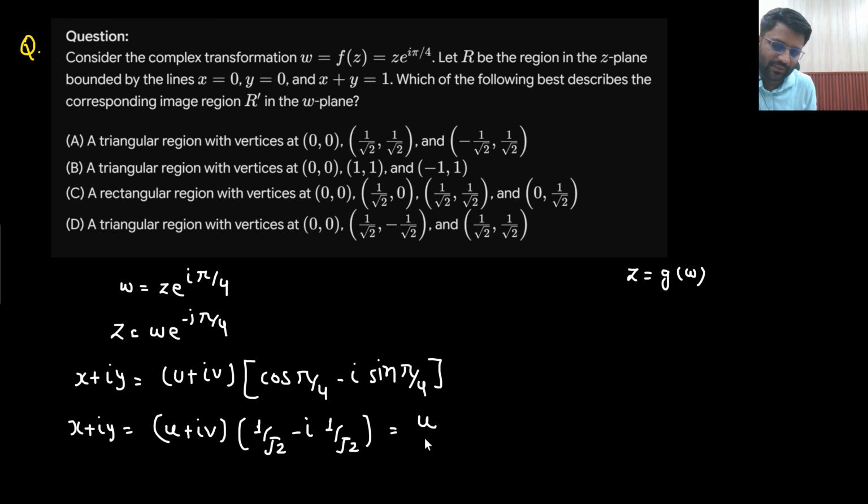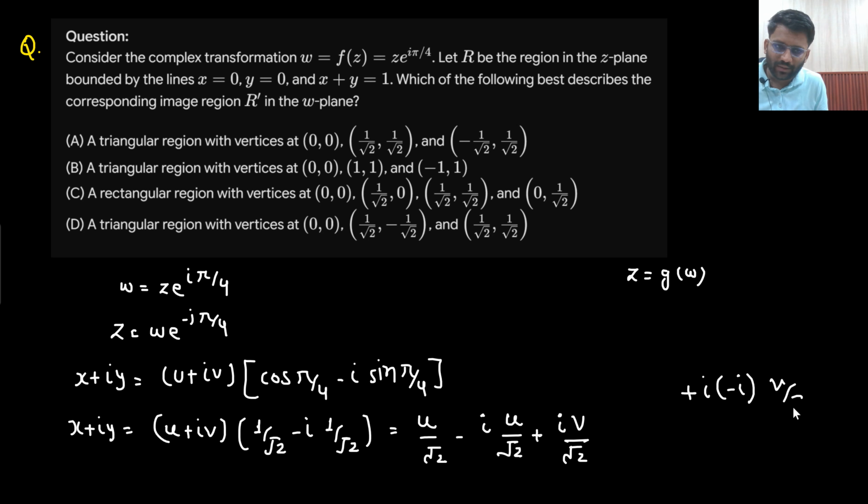Okay, u should be written in this manner. U by under root 2 minus iota v by under root 2 plus iota u by under root 2 plus iota v by under root 2, plus iota multiplied with minus iota v by under root 2. So this will become 1 only, plus v by under root 2.